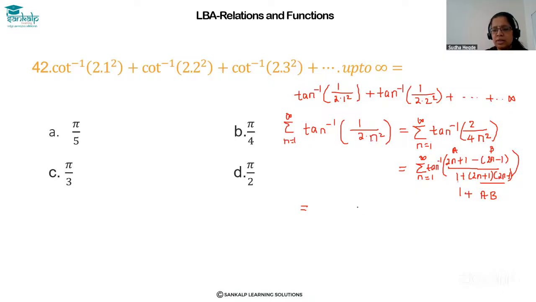So what you can write here? Summation n is equal to 1 to infinity tan inverse 2n plus 1 minus tan inverse 2n minus 1.